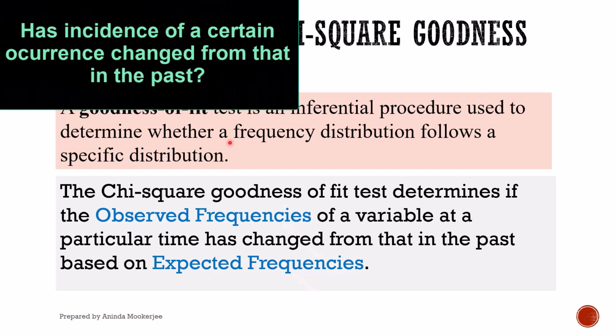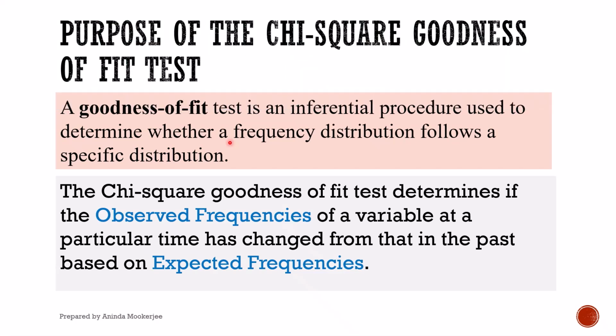If we want to understand the frequency distribution of heart disease today versus what it was 20 years back, then the goodness of fit test can be applied for that.